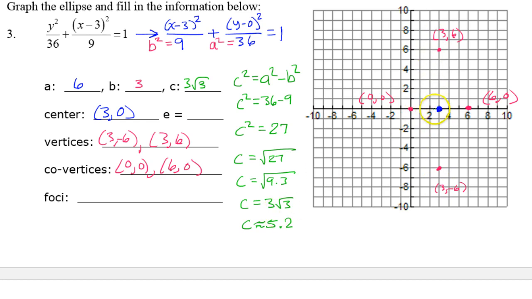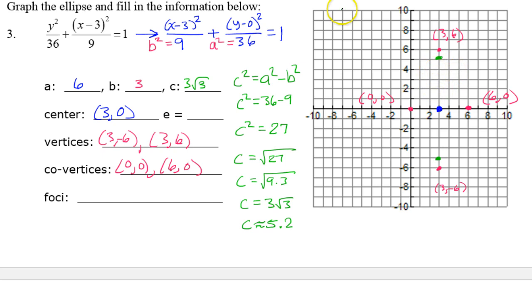So if I start at the center, if I go up 5.2 and down 5.2, that's where my foci will be. So if I go up 5.2, that's about here. There's a focus. If I go down 5.2, that's about here. So these green dots are my foci.